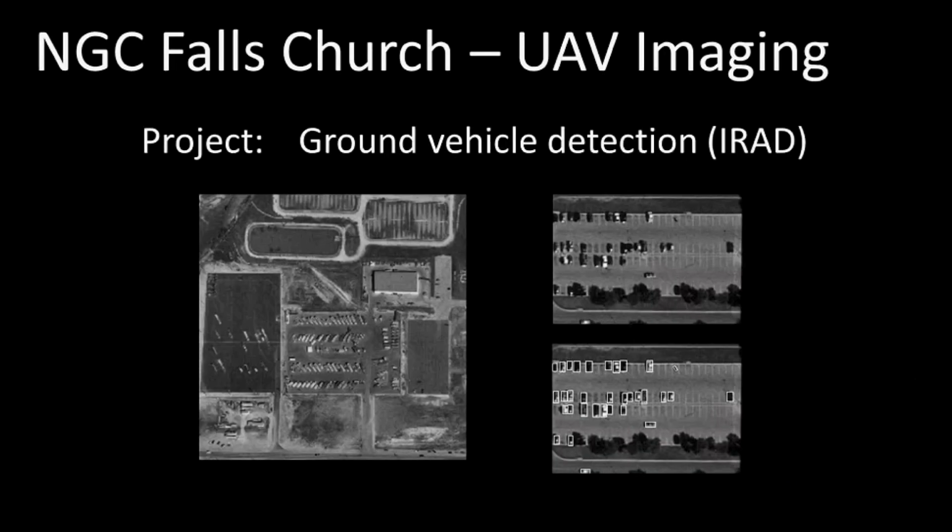To start with, this is a nice example because it demonstrates a situation we find all sorts of customers in. This is an image processing application, but there was a Northrop Grumman Corporation team in Falls Church, Virginia, that wanted to do UAV imaging. They fly these UAVs and want to detect ground vehicles.